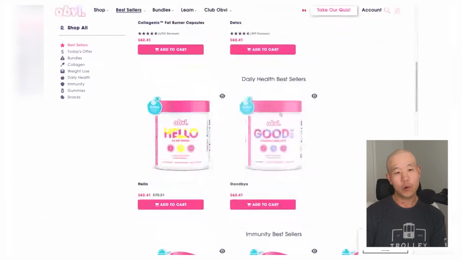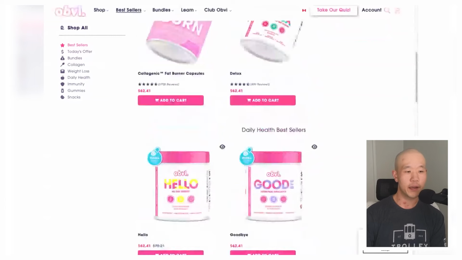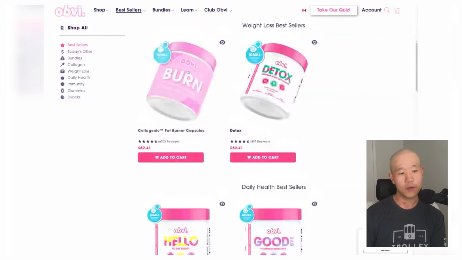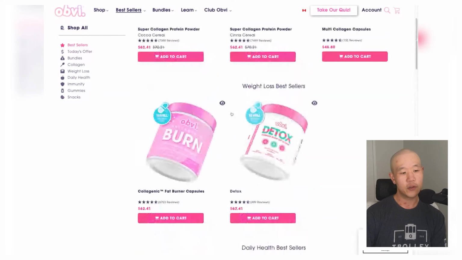What would be interesting to know is, if a product like their Collagen Burn is driving a lot of net new acquisition for them, it'd be really important to know what products are helping to ascend these customers to a higher LTV. Maybe it's going to Detox and then Hello, and then to a protein powder.